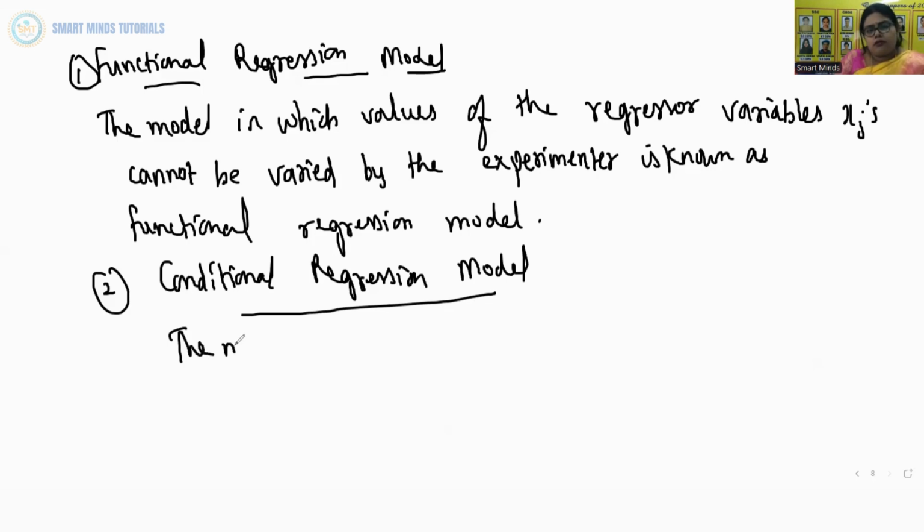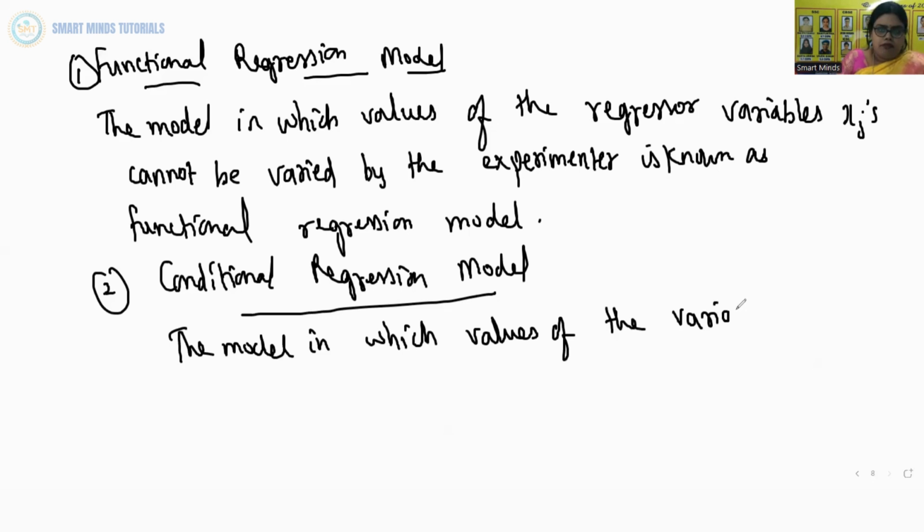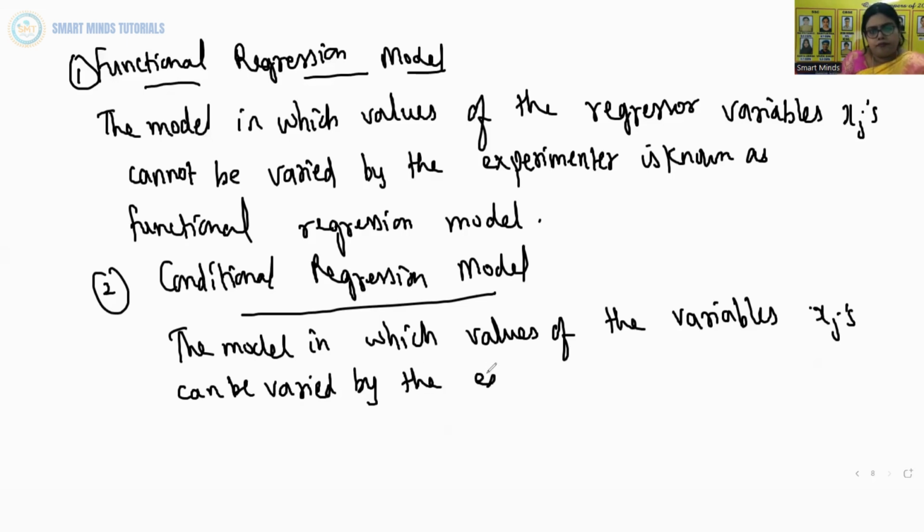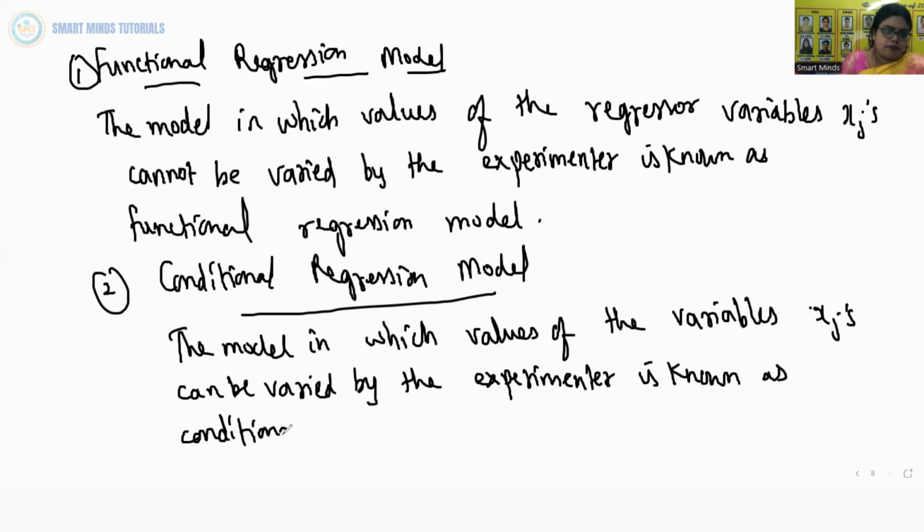So the model in which values of the variables xj's can be varied by the experimenter is known as conditional regression model.